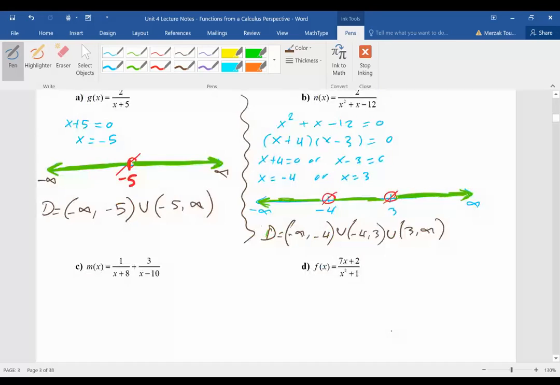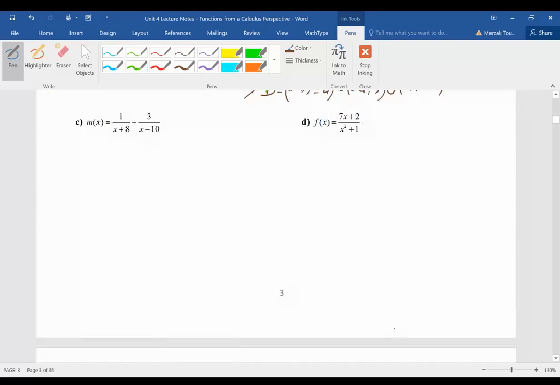Let's work on example C. Example C, we have a sum of two fractions. We do not need to simplify this expression prior to finding the domain. You can just go ahead and find the domain directly.